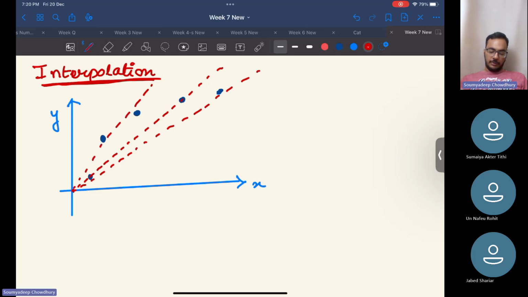This will be my most accurate line, the line of best fit. Here you can understand that your straight line will not pass through all the points. It will be passing through most of the points, but not all of them.